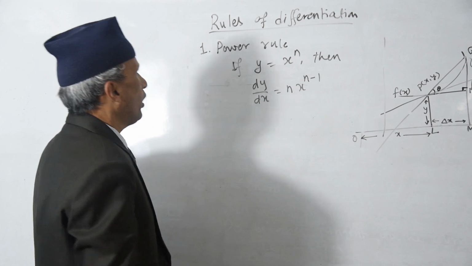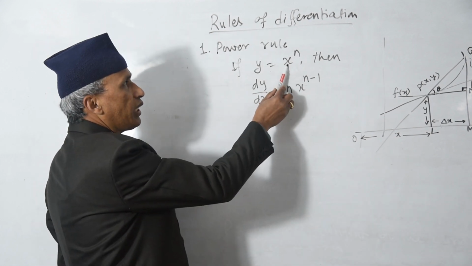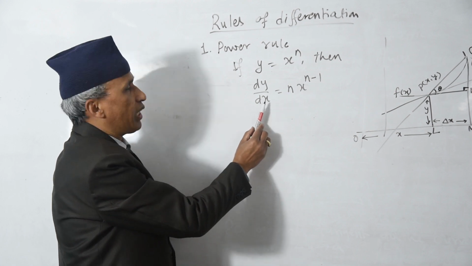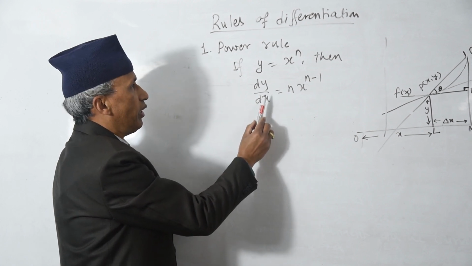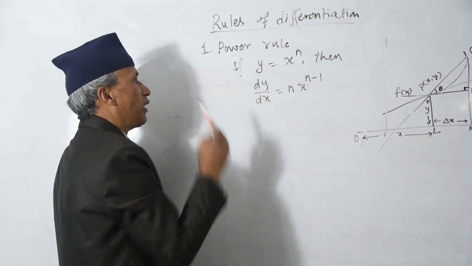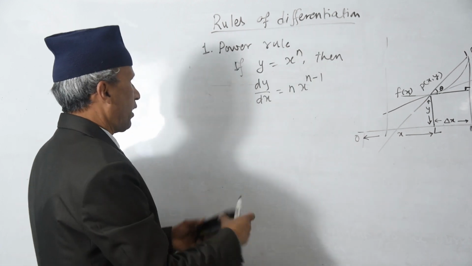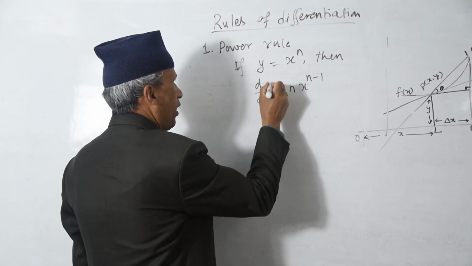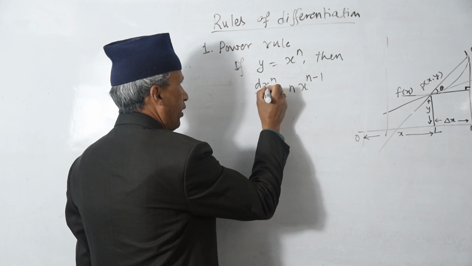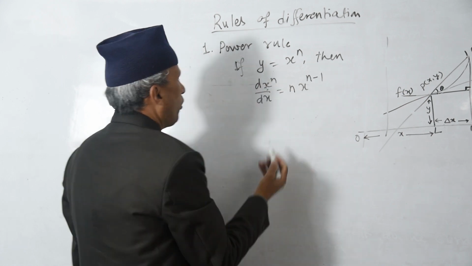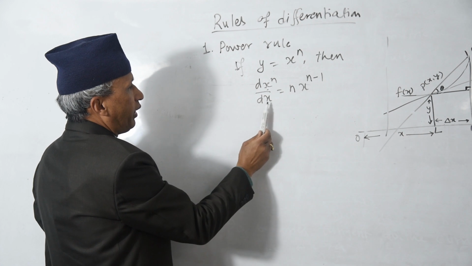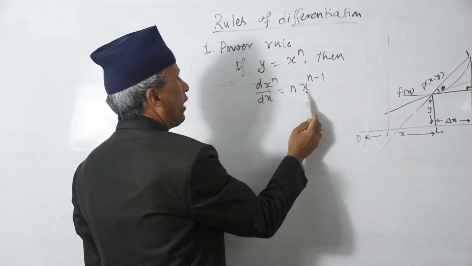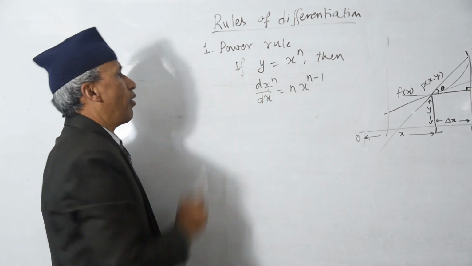So whenever there is a power of x, and you differentiate that function with respect to x, you should remember always that here should be x. Instead of y I can write x to the power n. If this is x, then n x to the power n minus 1 is the derivative of this power.